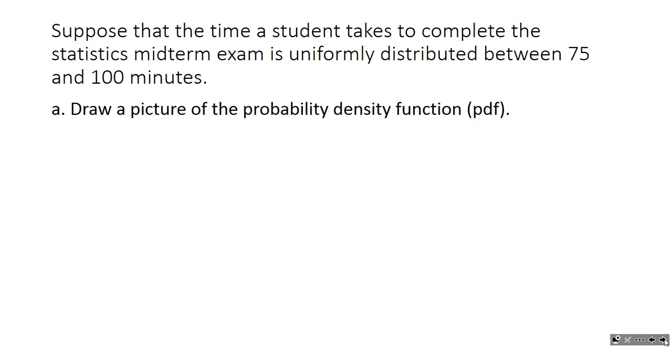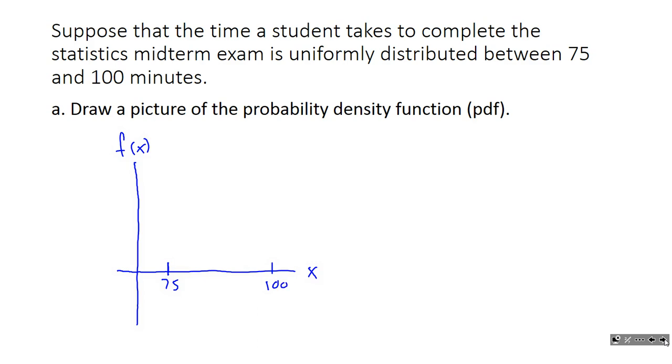The way this will look, we'll have our horizontal axis and our vertical axis. The vertical axis will be f of x, here x. First off, a uniform distribution always takes on a rectangular shape, and we're uniformly distributed between 75 minutes and 100 minutes.